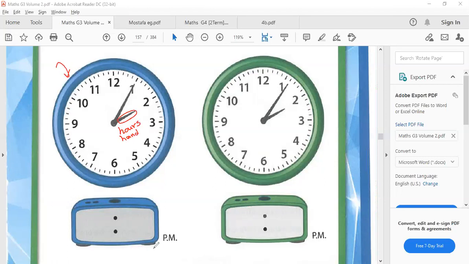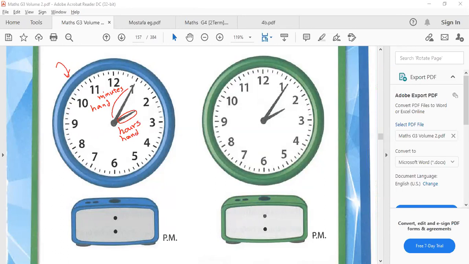The short hand will be the hand for hours, and the long hand is the minutes hand. So we have two hands in any clock, short hand for hours and long hand for minutes.